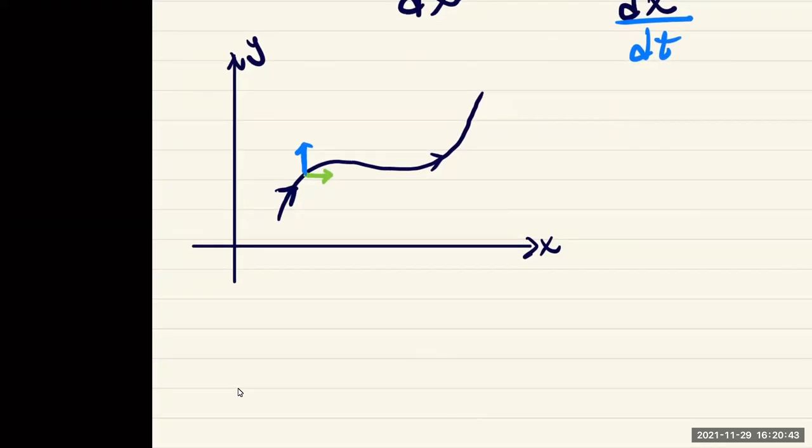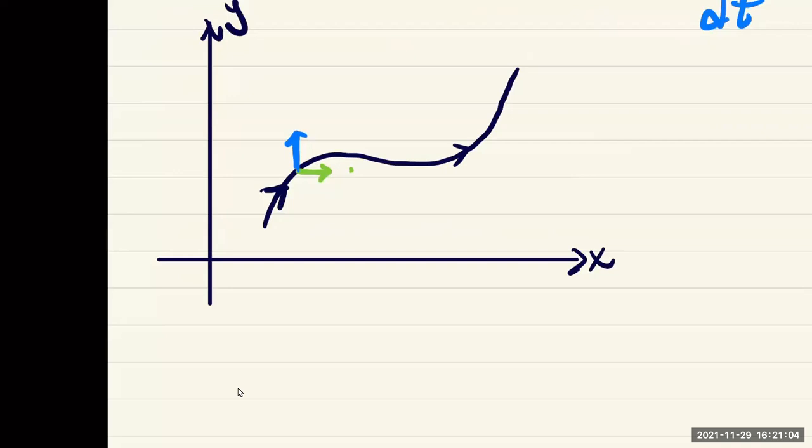Now how fast the particle goes in the direction of x is dx/dt. When we say how fast, it's with respect to time.